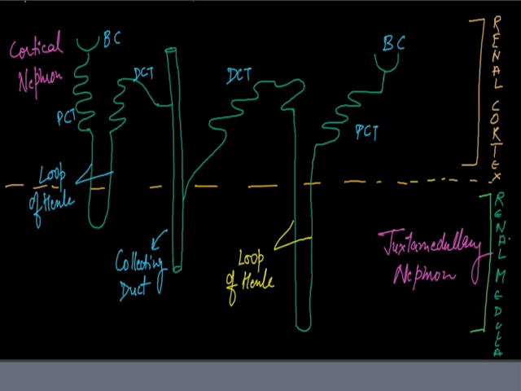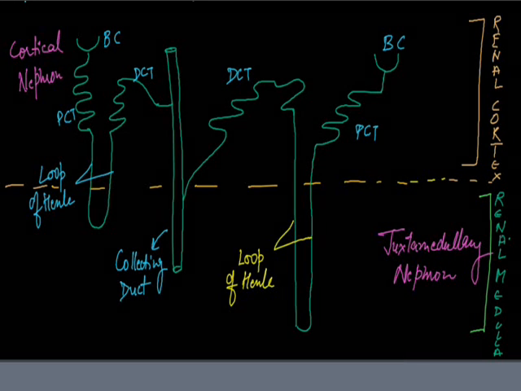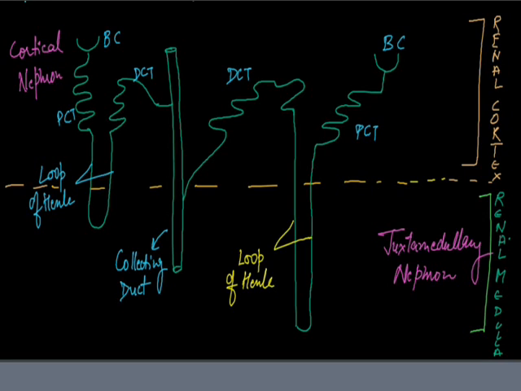So if we see, the cortical nephron has maximum part in the cortical region with a short loop of Henle in the medulla, while in case of juxtamedullary nephron, the major loop of Henle is in the medullary region, while the other portion, DCT, PCT and Bowman capsule, is present in the cortex region. So this is about the types of nephrons.